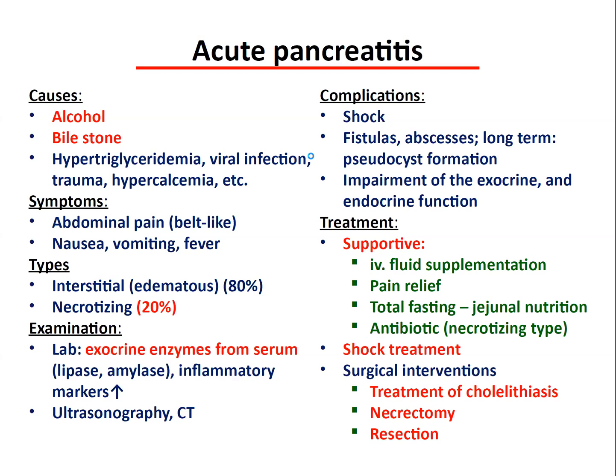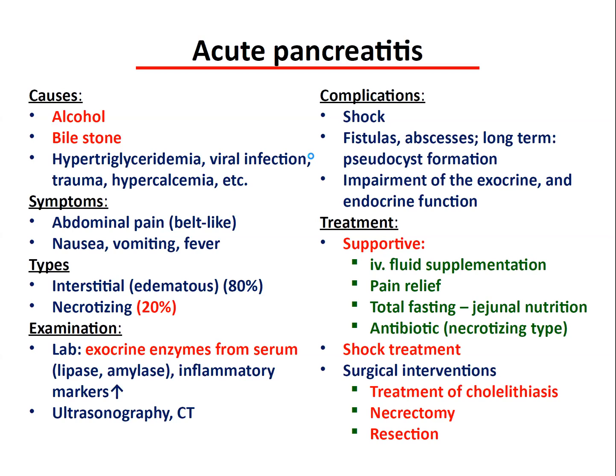If you remember what alcohol does with lipoprotein lipase, it inhibits it. So this way we have an increased chylomicron level after eating too much fat. And these huge chylomicrons are going to obliterate the capillaries and can cause a local necrosis in the pancreatic tissue, and that can cause an autodigestion of the pancreas.